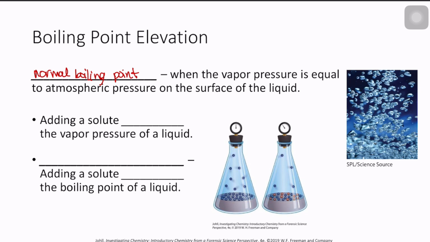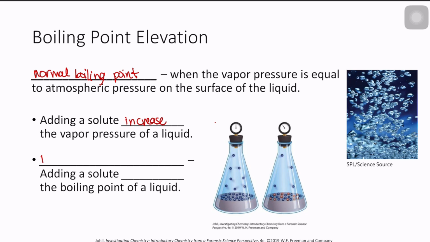When you add a solute to your liquid, it is going to increase the vapor pressure. And if we increase the vapor pressure, then that means that we're going to also increase the boiling point of a liquid.